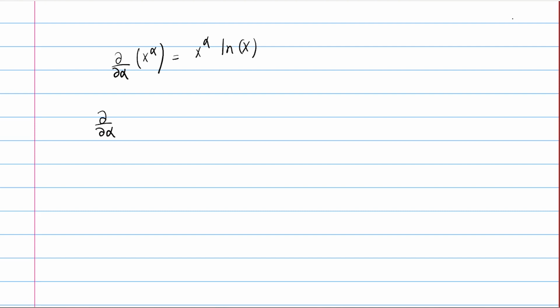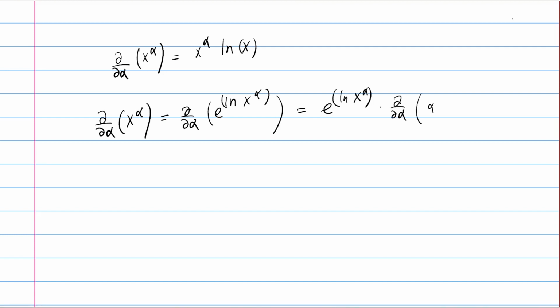Partial alpha of x to the power alpha would be partial alpha of e to the power ln x to the power alpha. So this would be e to the power ln x to the power alpha times partial alpha of alpha times natural log of x, in which e and ln cancel each other and give x to the power alpha.